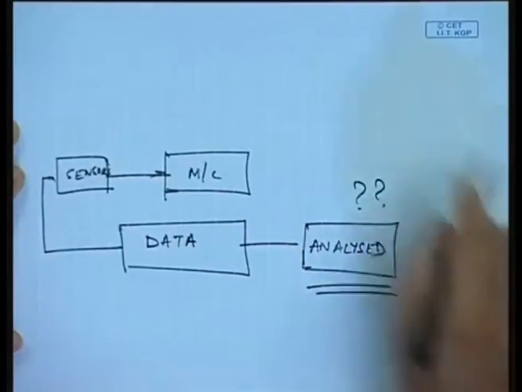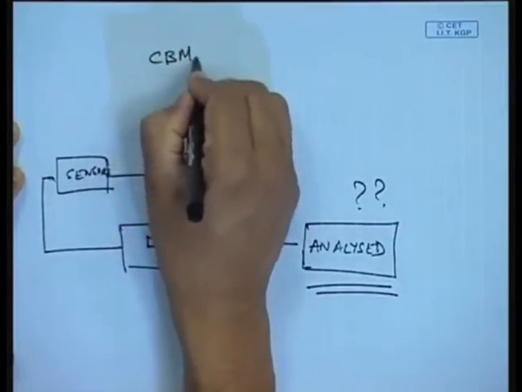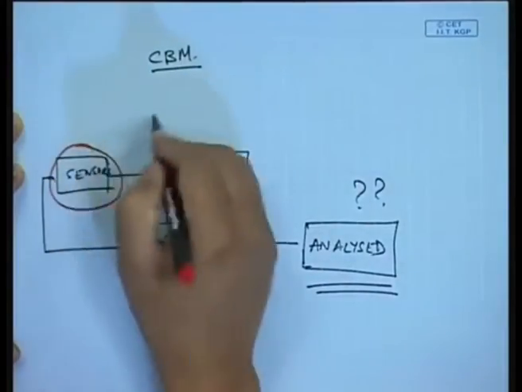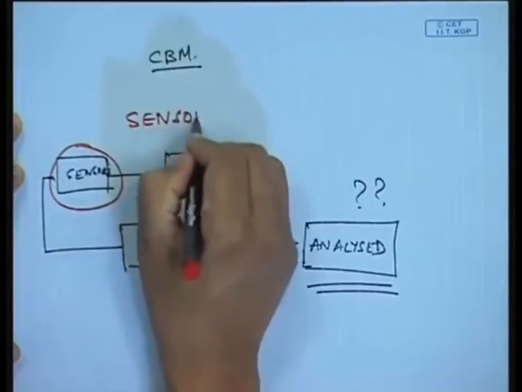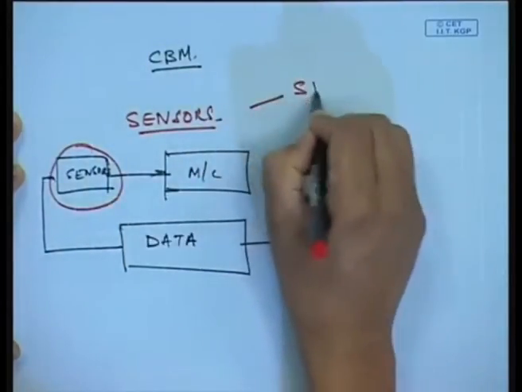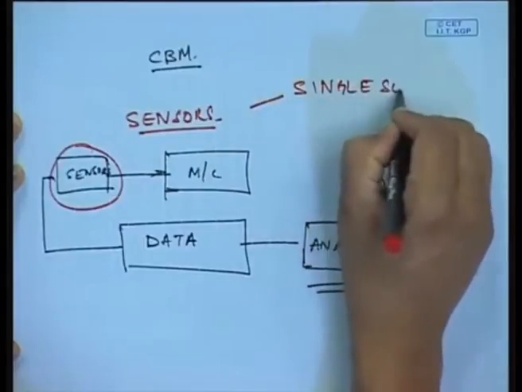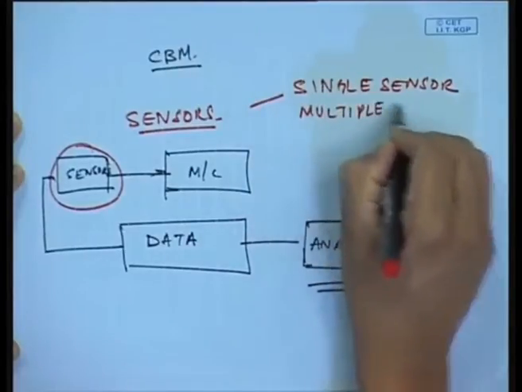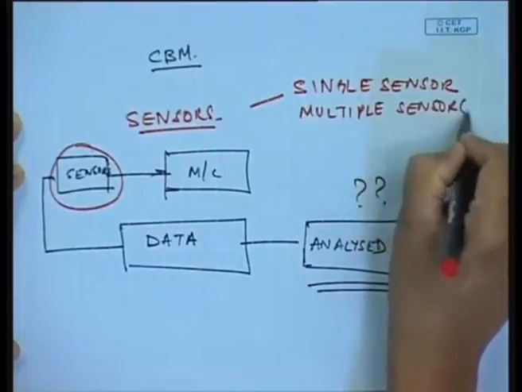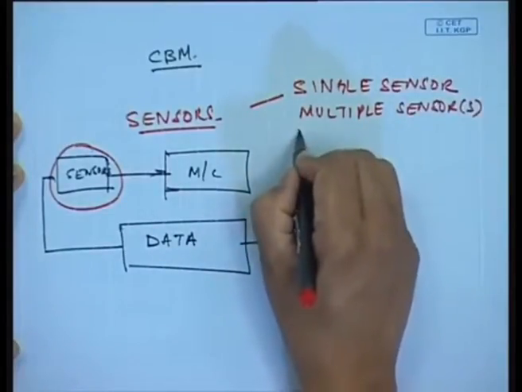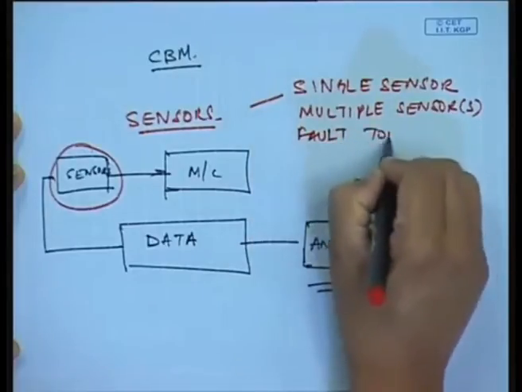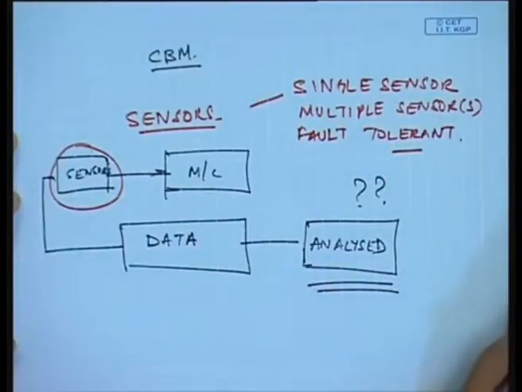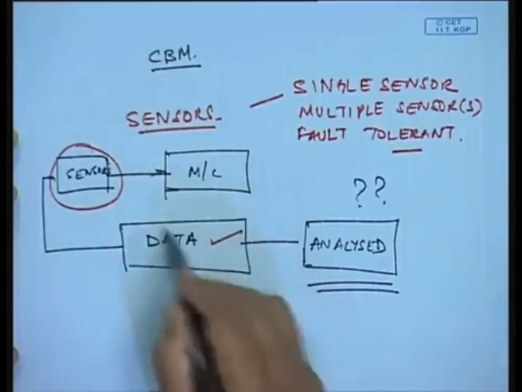But in modern day CBM, the trend is towards questions like whether I can do with a single sensor, whether I should have multiple sensors, whether the sensors are fault tolerant, etc. Because as you know, everything in CBM depends on the data collected by the sensor.